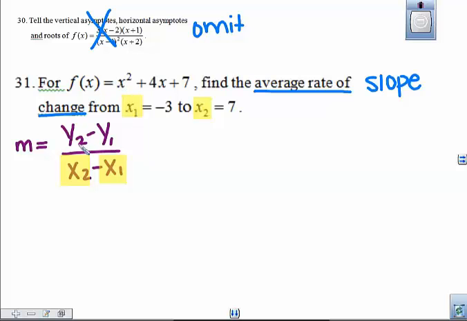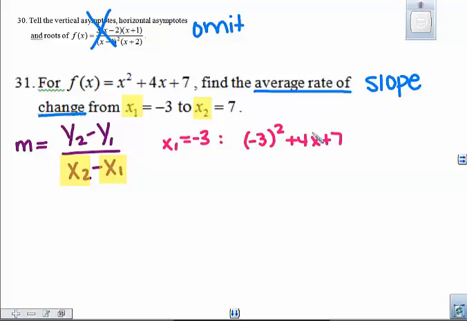So to get y2 and y1, we're going to have to plug x1 and x2 into this function and find them. So we'll do x1 first. x1 is -3. So if we plug in a -3 to our original function, we have -3 squared plus 4x plus 7.